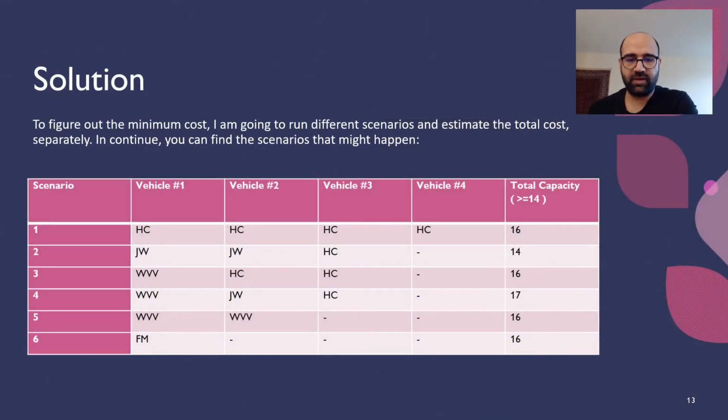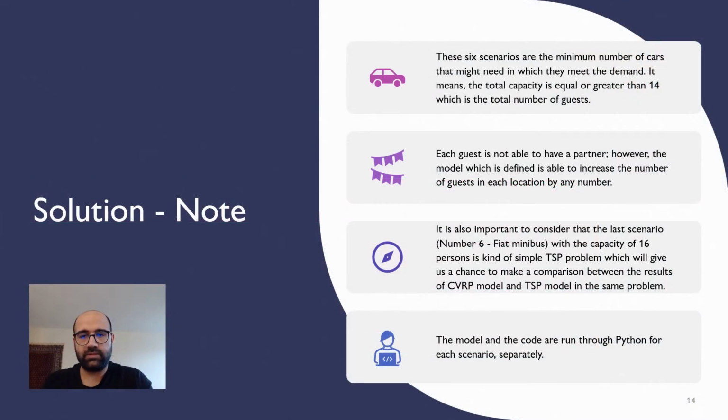I have defined six different scenarios which can meet the total capacity limitation. The six scenarios use the minimum number of cars that might be needed to meet the demand. It means that the total capacity is equal to or greater than 14, which is the total number of guests.